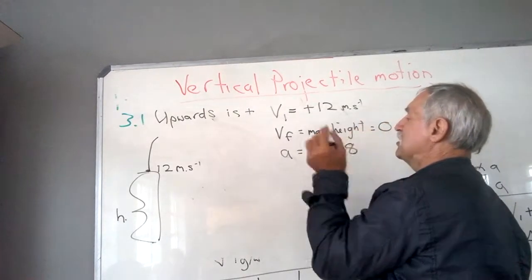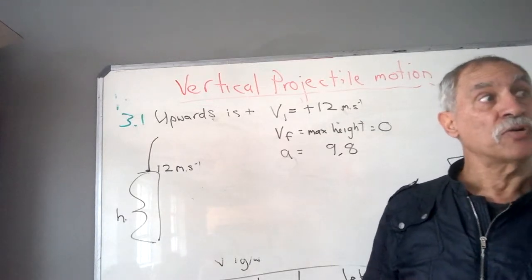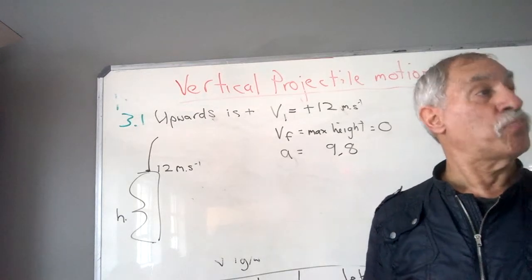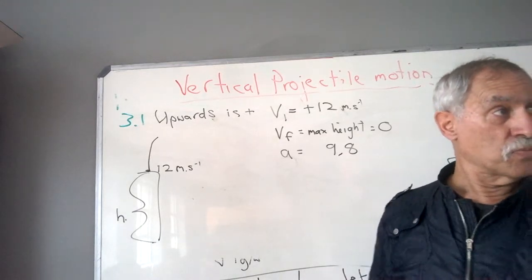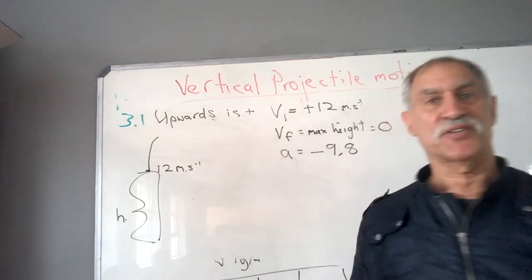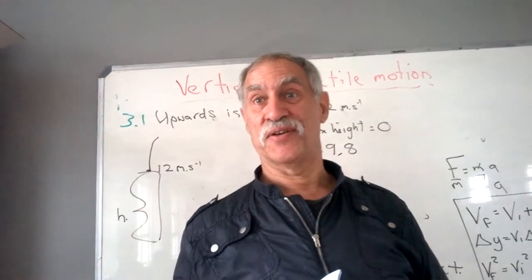Is it acting in a positive direction or a negative direction? Don't get it wrong. It's negative because it's down, upwards is positive. So it's minus 9,8.